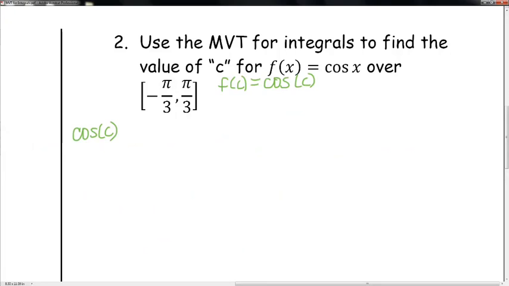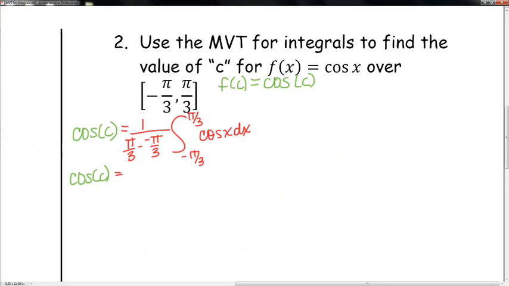Cosine of c, that's our f of c, is equal to 1 over b minus a, so 1 over pi over 3 minus negative pi over 3, times the antiderivative from negative pi over 3 to pi over 3 of cosine x dx. And that's going to equal 2 pi over 3 times the integral from negative pi over 3 to pi over 3 of cosine x dx.